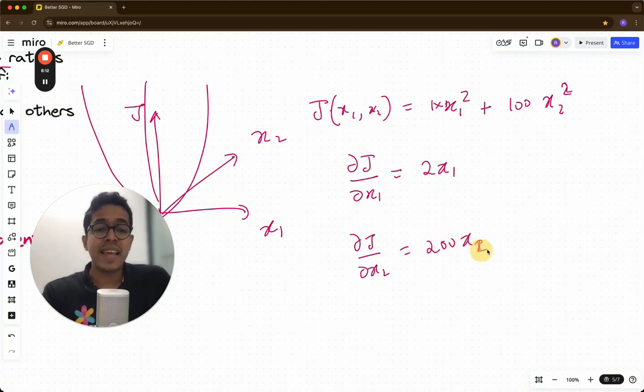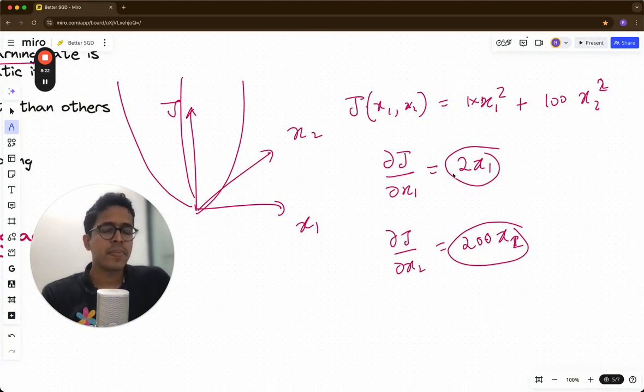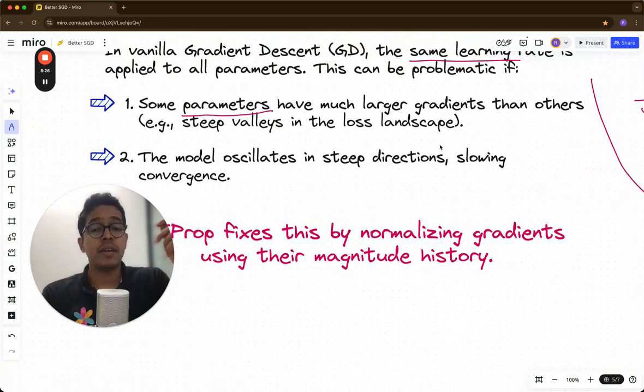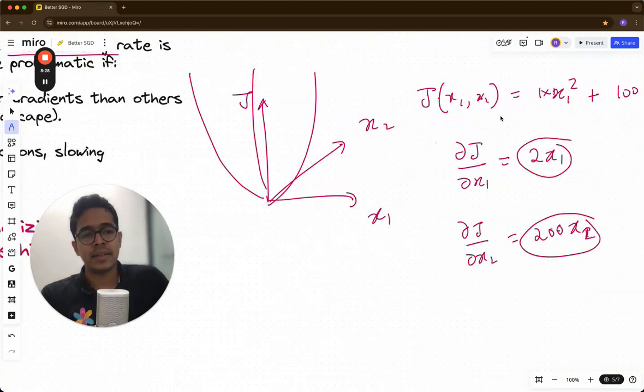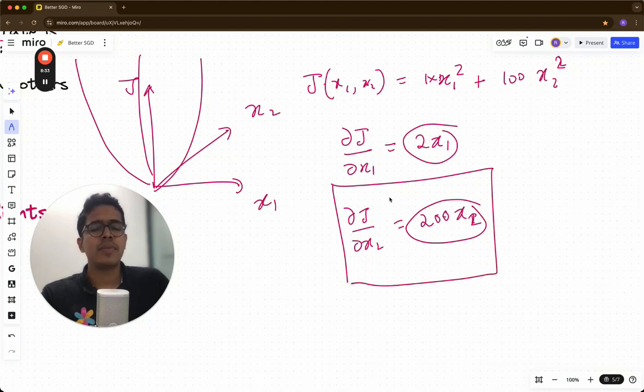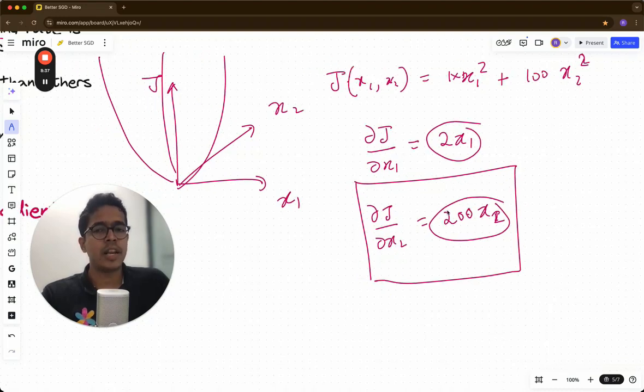So for the same value of x1 and x2, J has a much more rapid change along the x2 axis than along the x1 axis. And in these cases also, there will be issues when we are using vanilla gradient descent, because this term will dominate the total net gradient, since dJ by dx2 is a huge value.